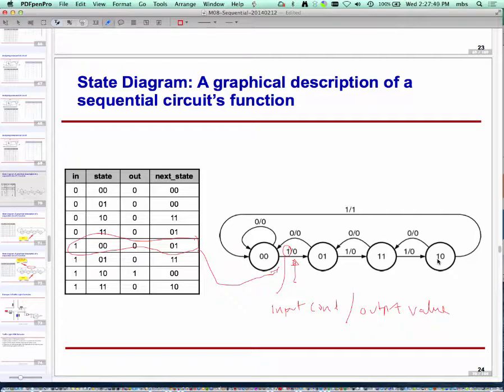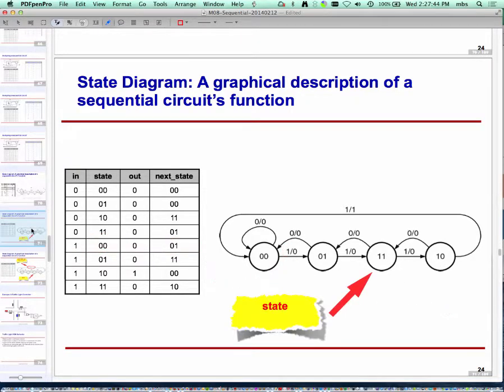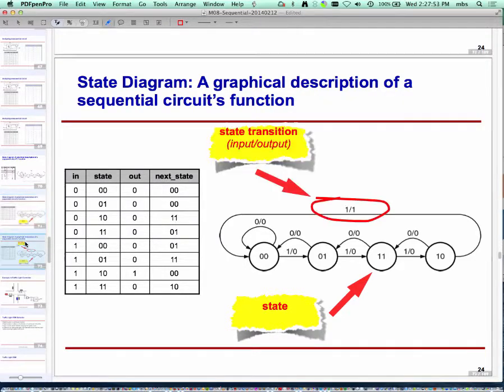Okay, so that's a very high-level view of state machines or state diagrams. Each bubble, each node, represents a state, and each edge represents a state transition, and each state transition is described as input condition / output value.